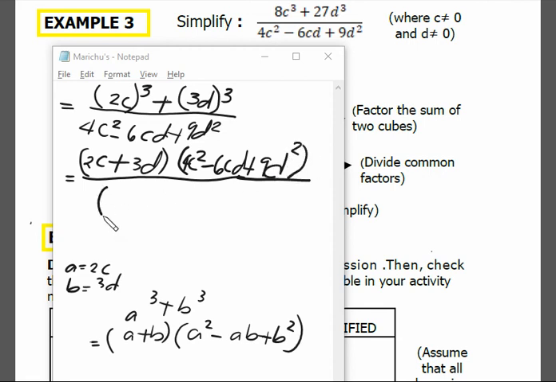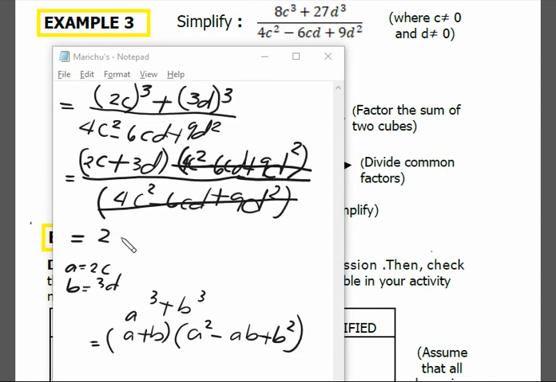Okay, then we copy the denominator, C squared minus 6CD plus 9D squared. Then the numerator and denominator have this prime polynomial factor. We can cancel this out, and pretty obvious, the answer is 2C plus 3D.